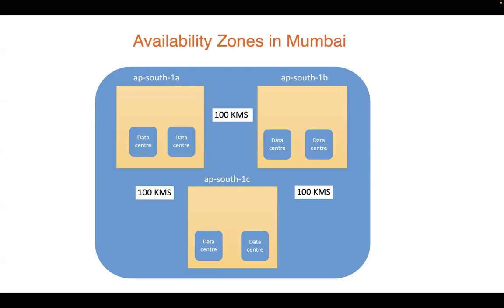If people from USA or India or Pakistan or London type www.facebook.com, do you think these people can access the Facebook application or not? Because the AP South 1A availability zone, the data center, is completely destroyed. What do you think? Whether the application will be available to the customers?